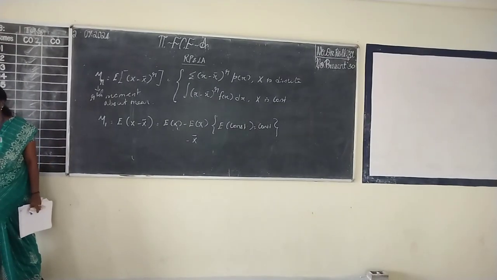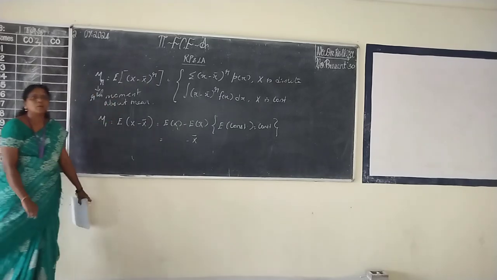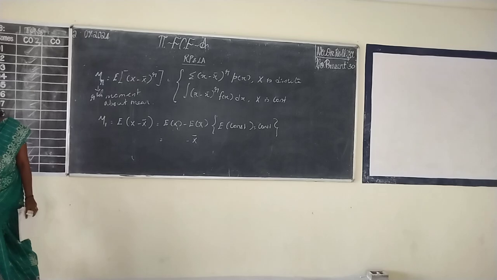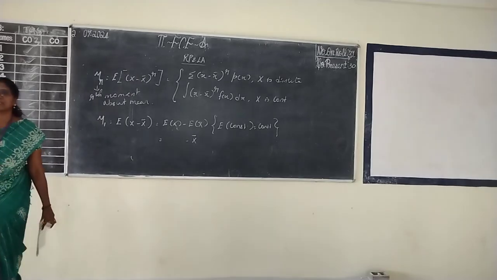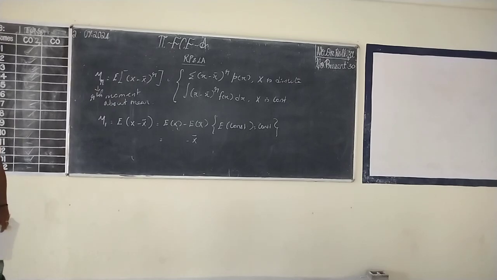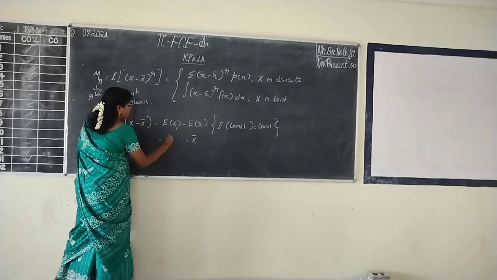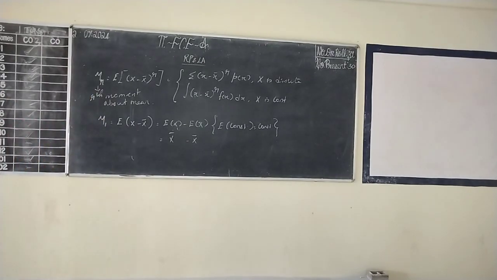What is E of x? For expectation of x bar, I have changed it as x bar itself. What is expectation of x? Mu 1 dash. See, various notations are given for mean.